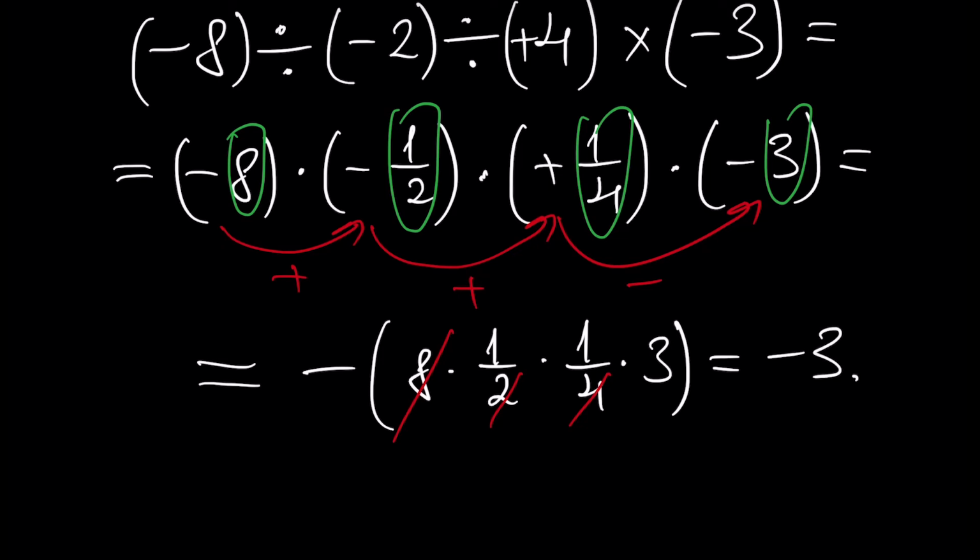Next, I want to explain how to multiply numbers with different signs. For example, minus 2. When we multiply this number by brackets, and inside brackets we have some numbers and letters.